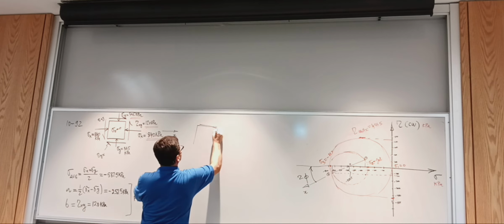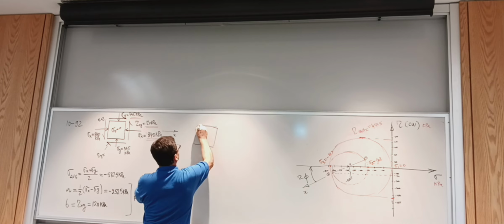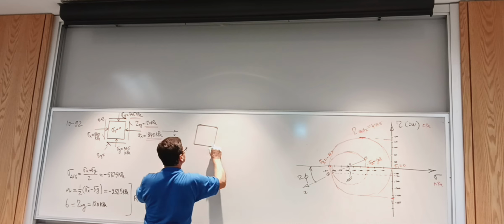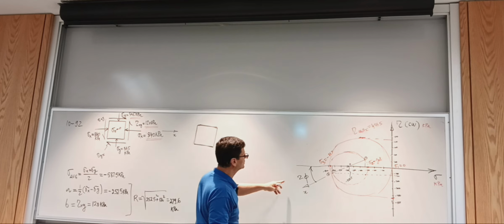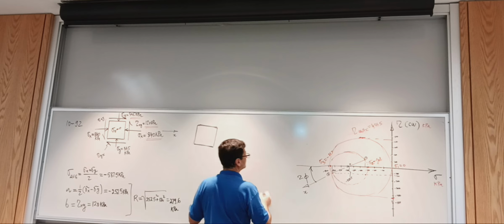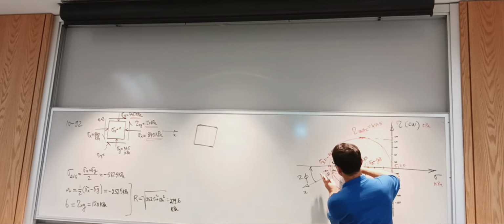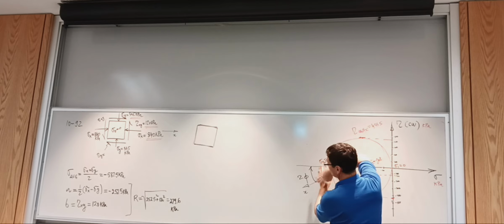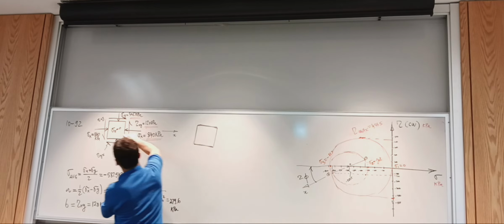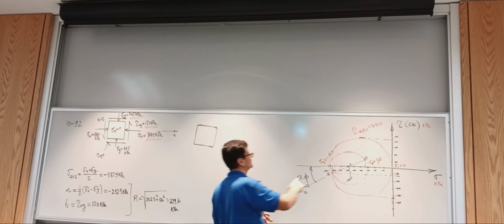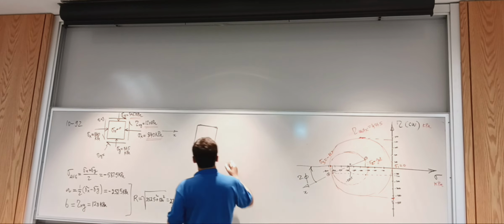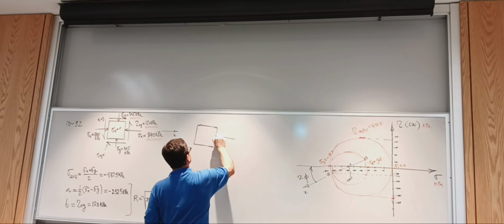I'm drawing the same rectangular or square element, and I'm going to show 2 compressive stresses. As you rotate it, this surface is this surface, and it's going to experience sigma 3, the large compressive stress.